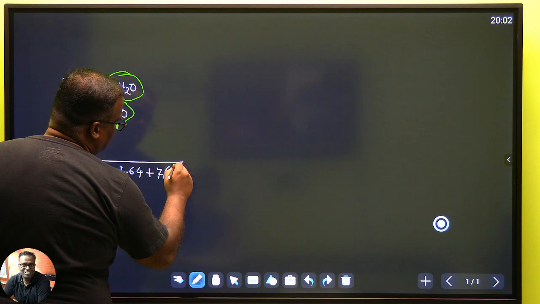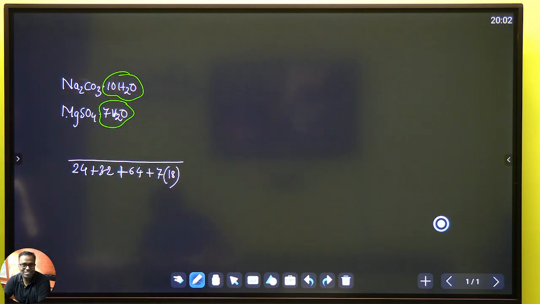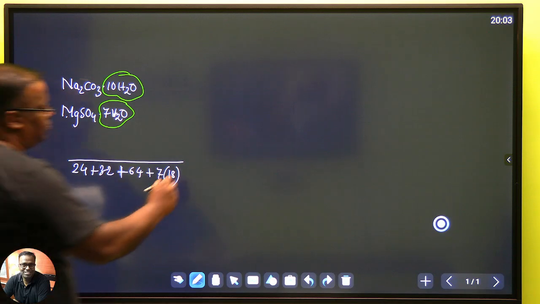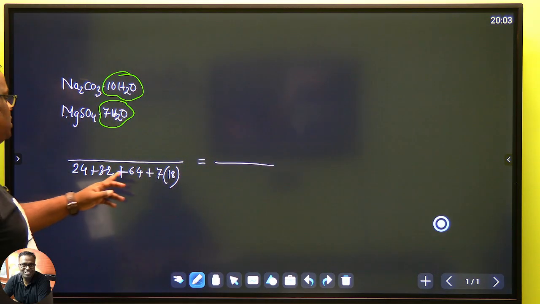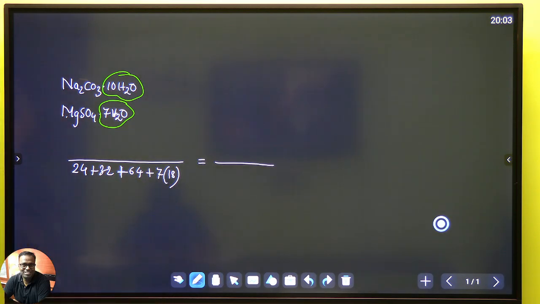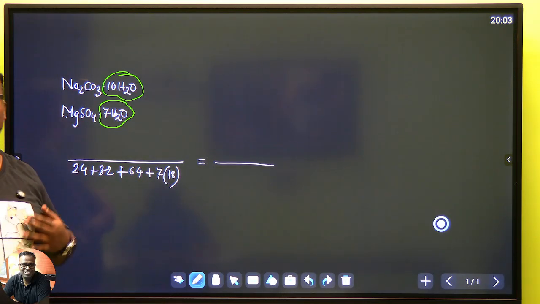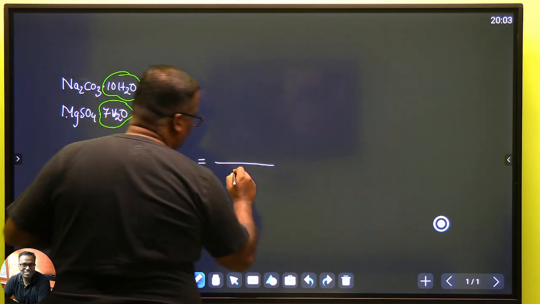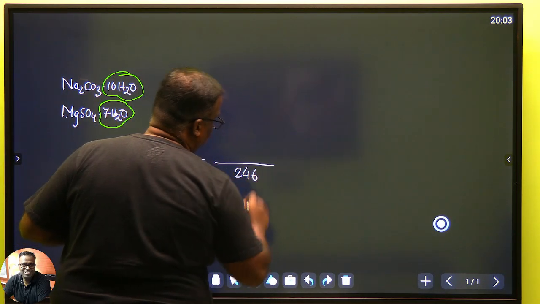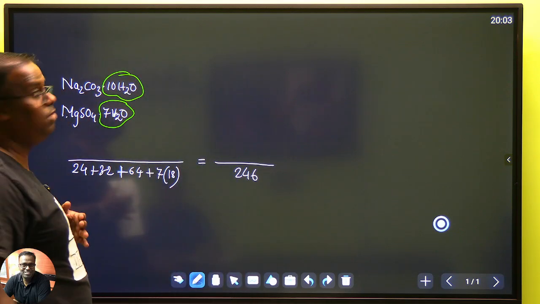Water is always 18. Remember, because 16 plus 2 comes, 7 times of this. Say, how much is this? 24 plus 32 plus 64 plus 7 times 18. 246. Ashmita, did you understand this?